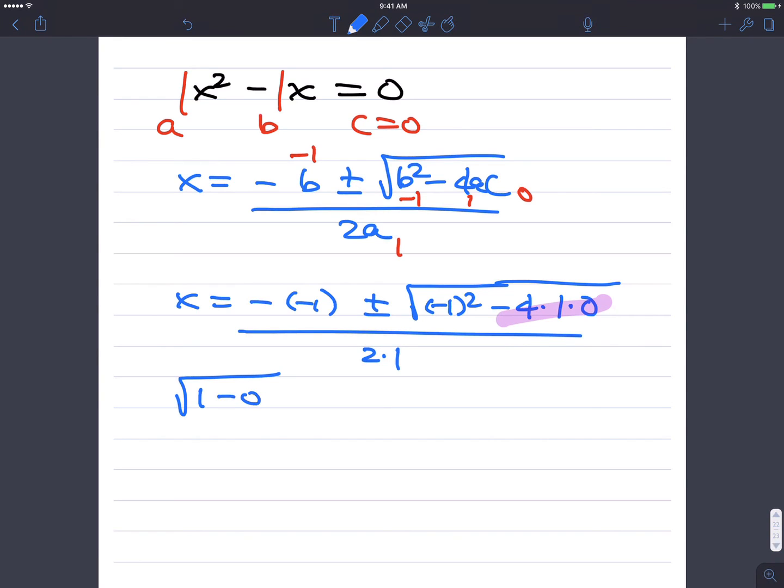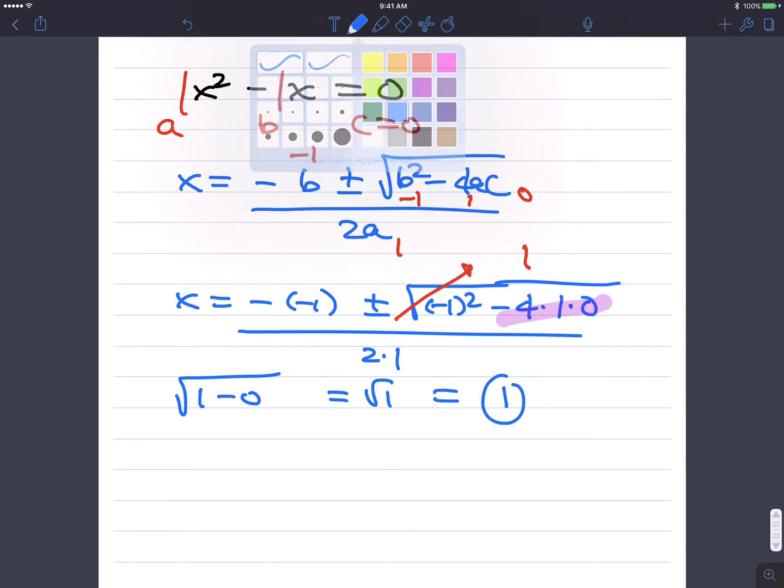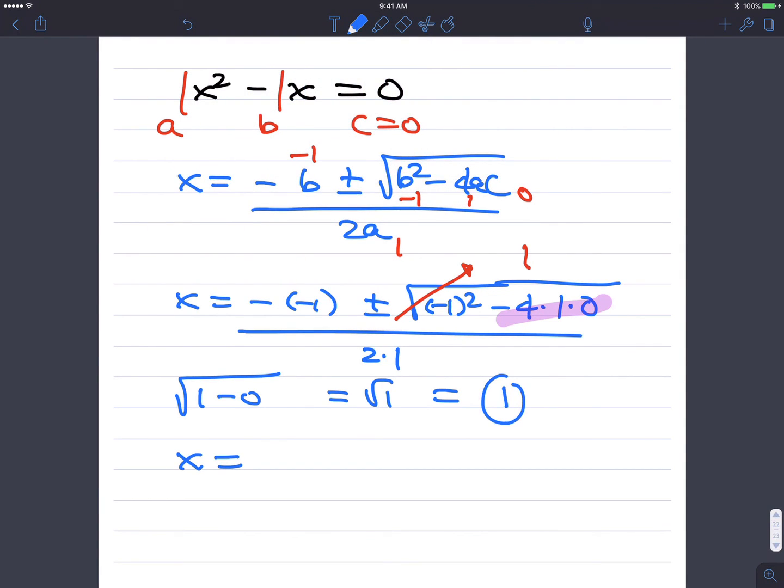So I could say 1 minus 0, or the square root of 1, which is 1. This radical gets replaced with 1. Don't forget, minus the minus makes this a plus. My radical is 1. And then 2 times 1 is the value 2.